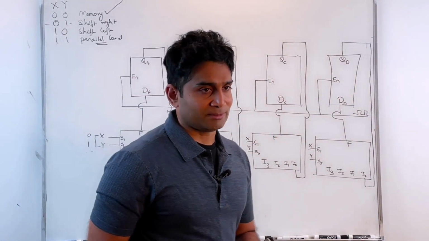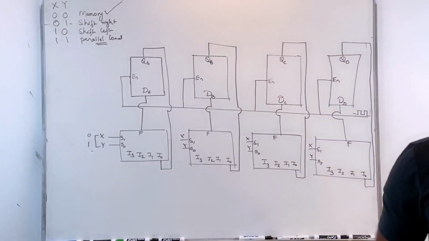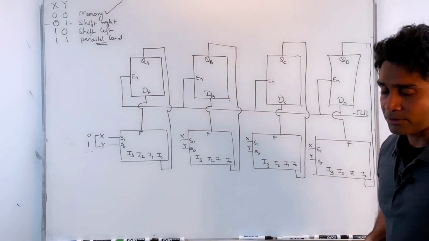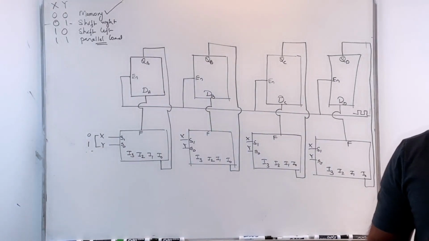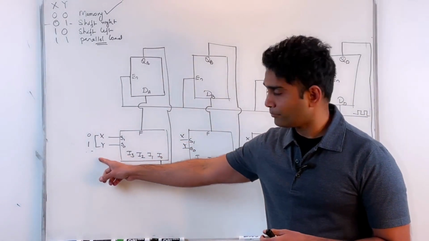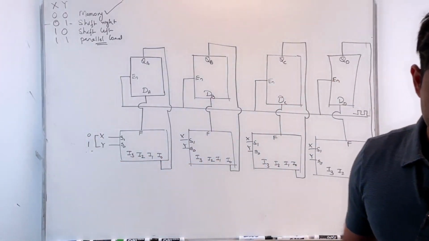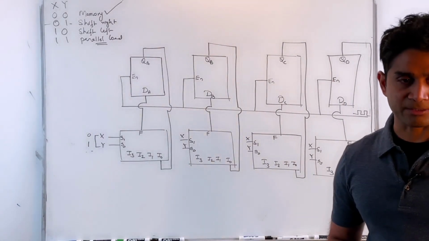How do I ensure that? In what way should I connect so that happens here? Do you see anything in the circuit that I should be doing to ensure that when I apply a 0, 1 on my multiplexer here, I get that shift right operation? Any ideas here?